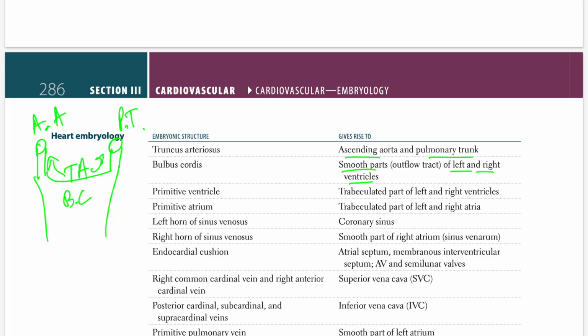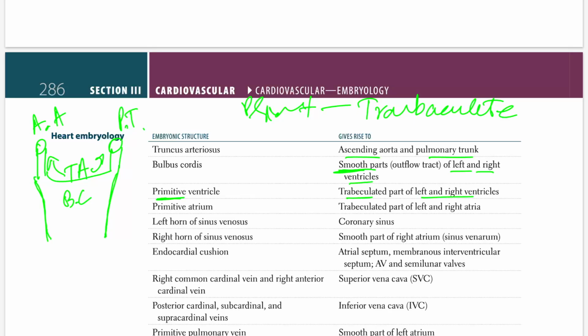So this is the ventricle, and it is the smooth part of that ventricle. Remember the smooth part. Then you have the primitive ventricle. Whenever you see primitive in this embryology, primitive always means the trabeculated part. So primitive ventricle, we're talking about the trabeculated part of the left and right ventricle.